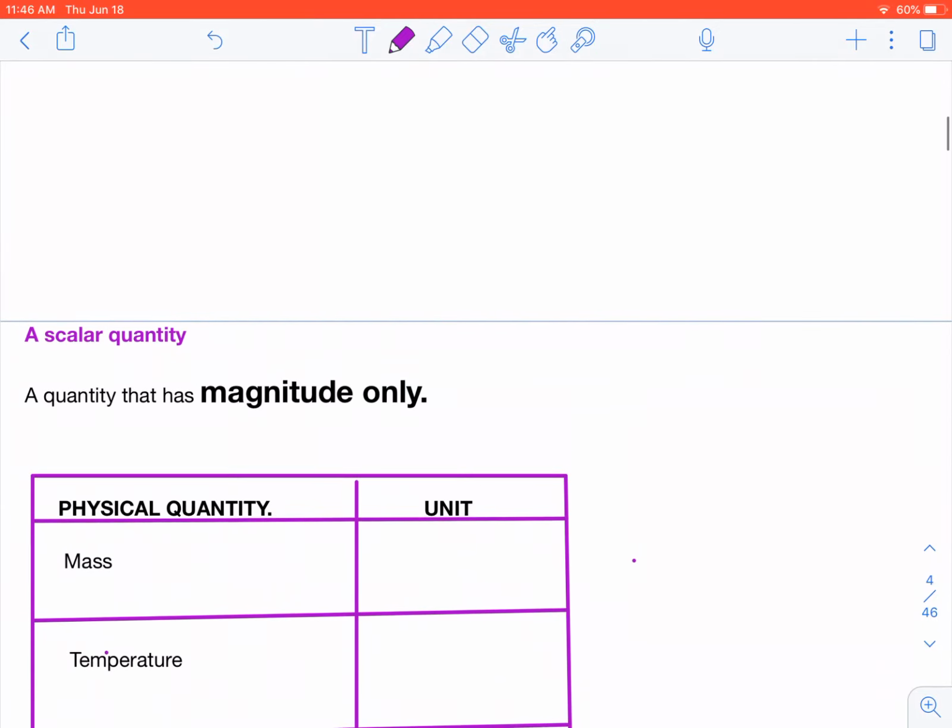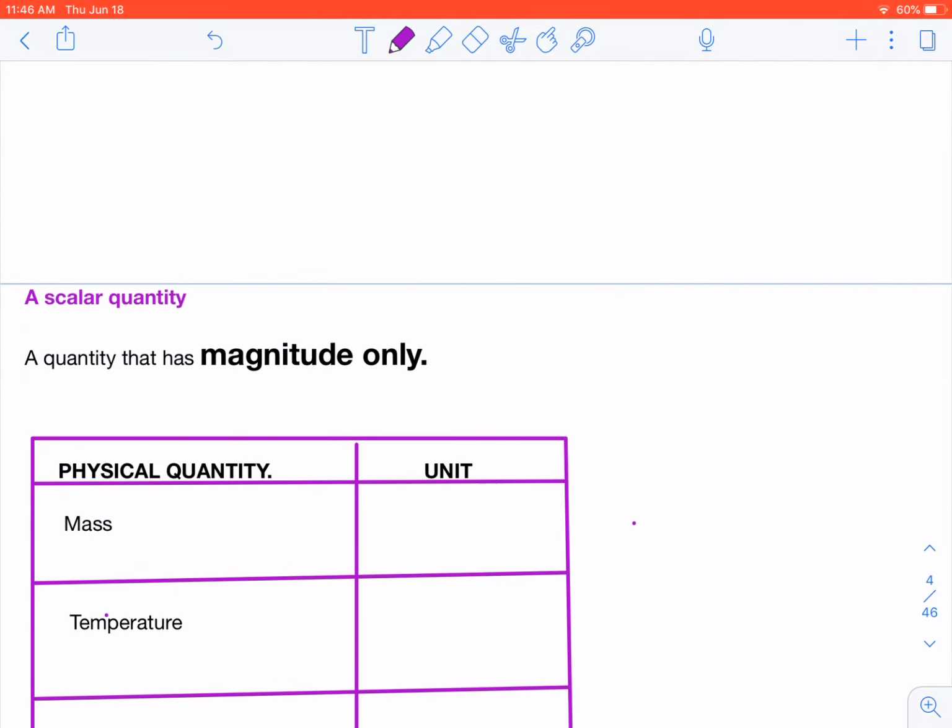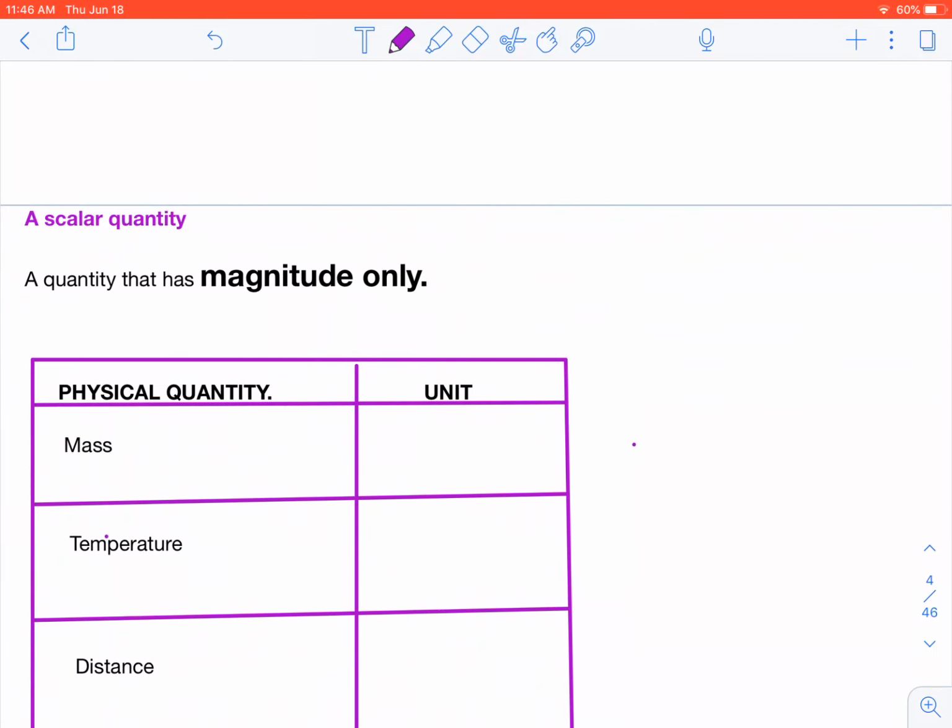Unlike vectors, we have a scalar quantity. A scalar quantity has magnitude only, like mass. Mass has magnitude only, but we obviously give it a unit, so we say 2 kilogram: the magnitude is 2 and the unit is kilogram.